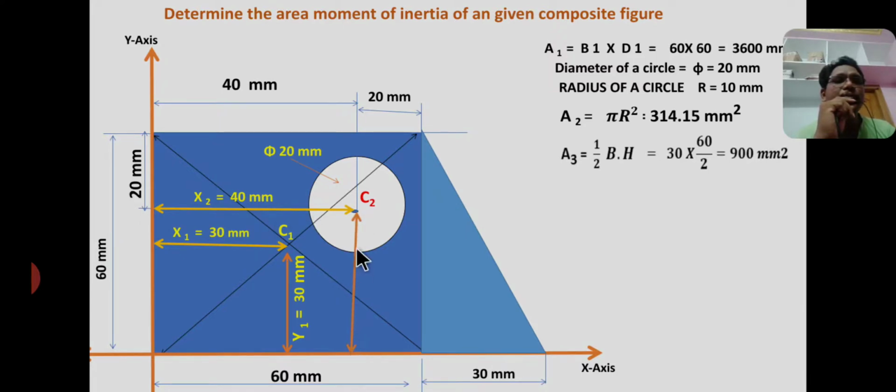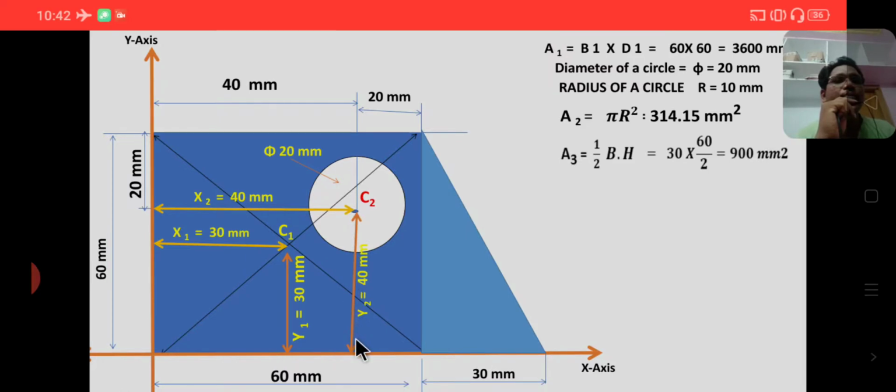The vertical distance between C2 and the x-axis, y2, is also 40 mm, because the total height equals 60 mm and from here to here the distance is 20, so you subtract 20 mm from 60. Therefore y2 equals 40 mm.